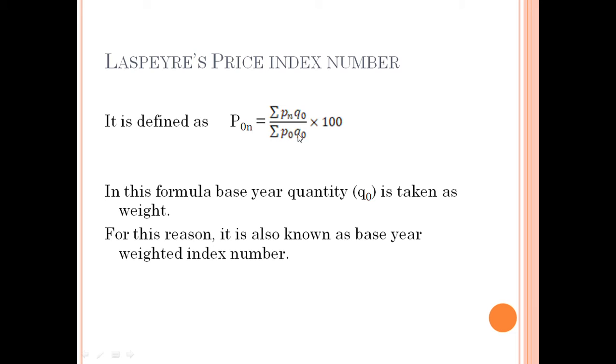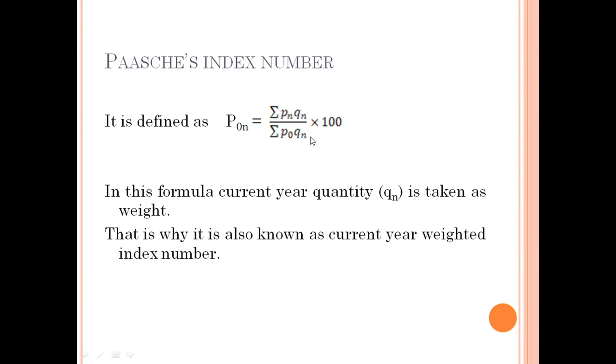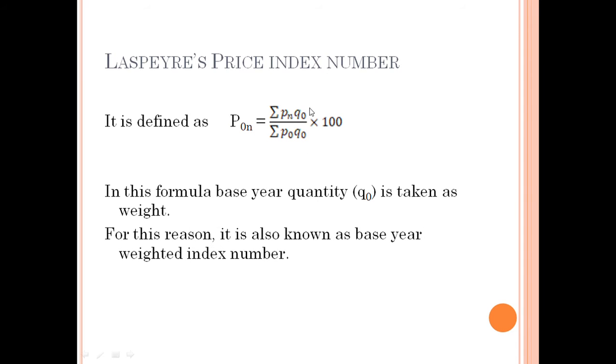Wherever naught is written, this means base year, and wherever N is written, this means current year. So for this formula, base year quantity, which is Q naught, is taken as weight. Weights should remain the same in the denominator as well as in the numerator.